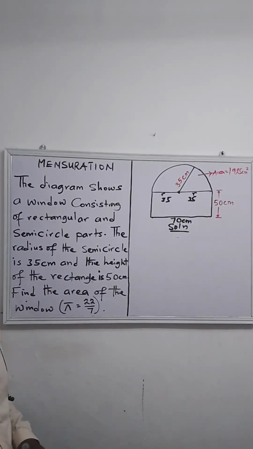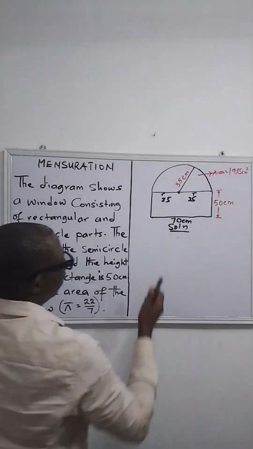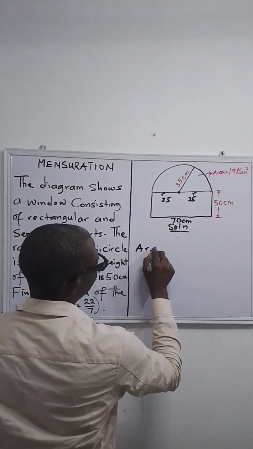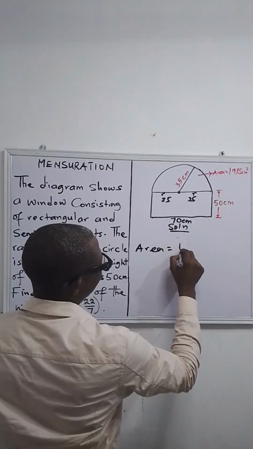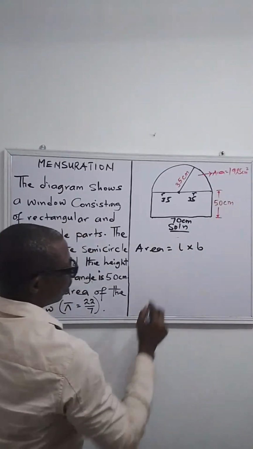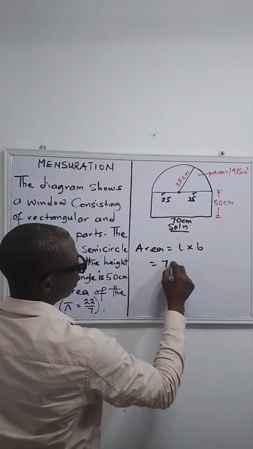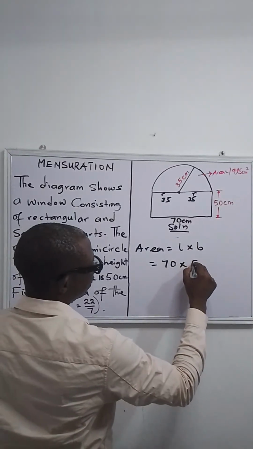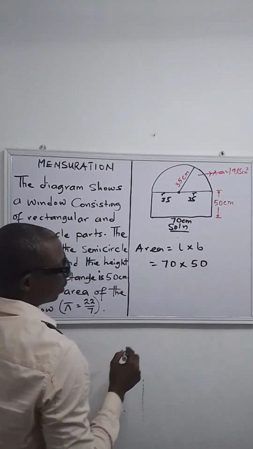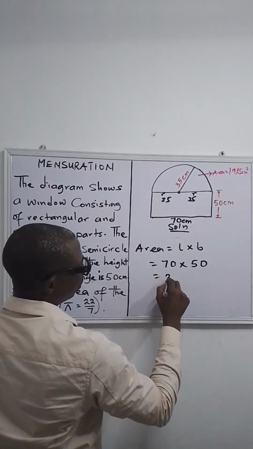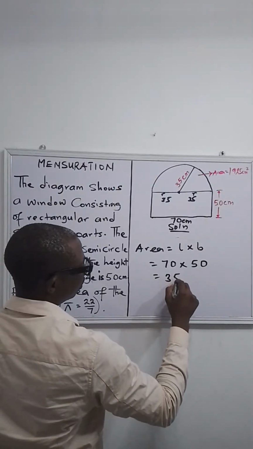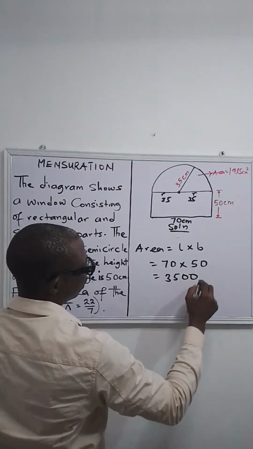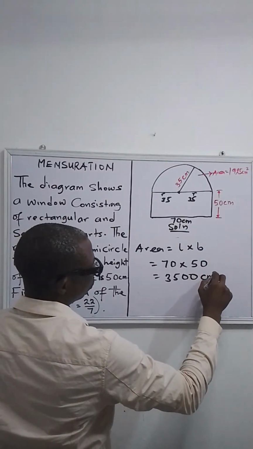So we can calculate the area of the rectangle now. Area is length times breadth. So the length is 70 times the breadth, that is 50, and that gives you 3,500 centimeter square.